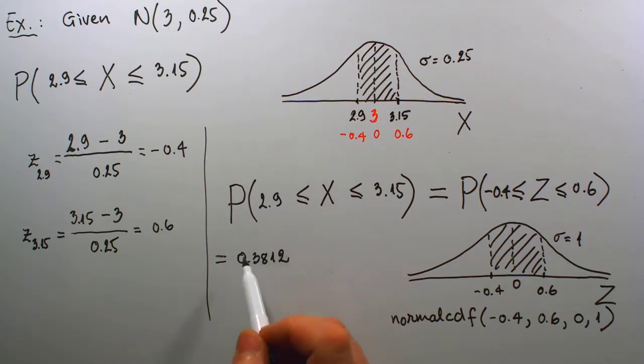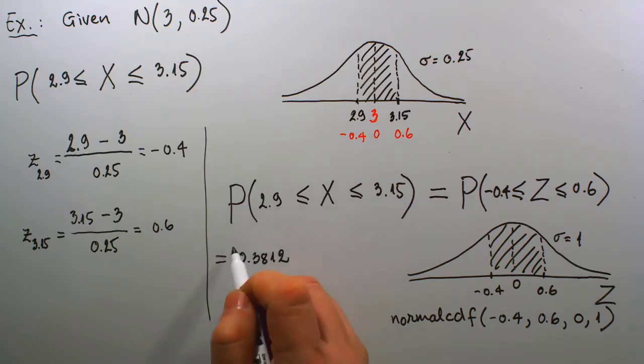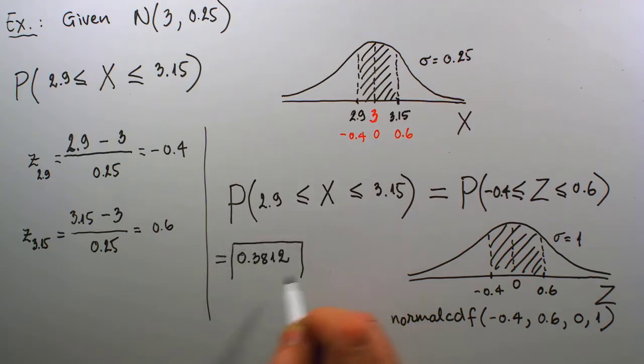As I said back in our lectures about the standard normal distribution, unless specified otherwise, the final answer for a probability on a normal distribution bell curve will normally be rounded to 4 decimal places. So rounding to 4 decimal places, we are at 0.3812, and that is our final answer.